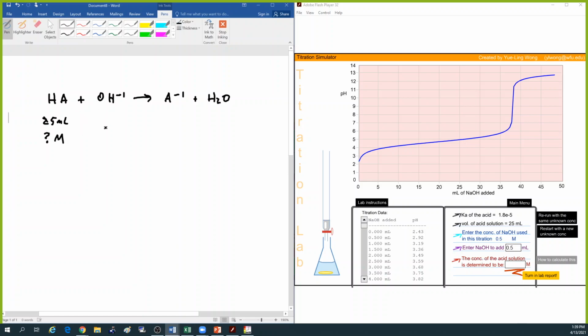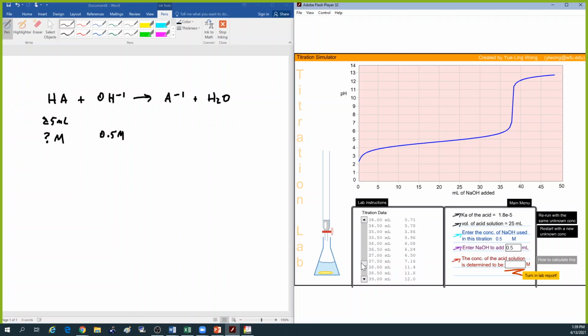The hydroxide we know was 0.5 molar, but how much did we use to reach the equivalence point? That's where using the graph matters. There was a homework problem this last time, similar, right? So you're going to look near here and say, okay, what's that volume? It looks like it's about 37. But let's look a little more carefully. Since we're looking for the big jump in pH, if we scroll on the table now, check this out.